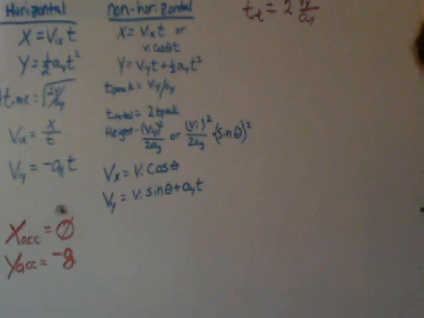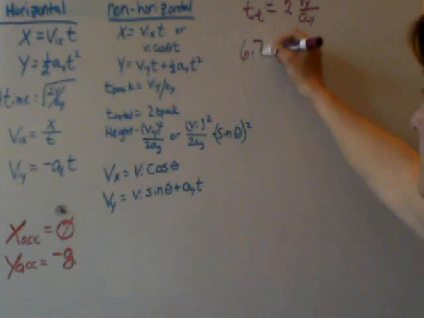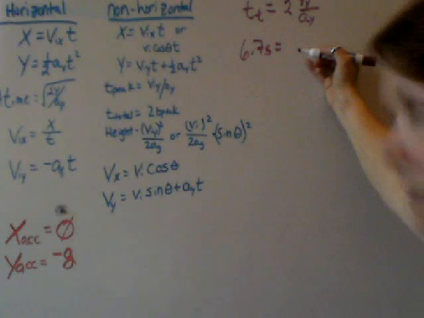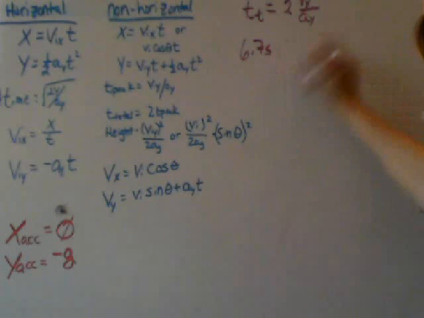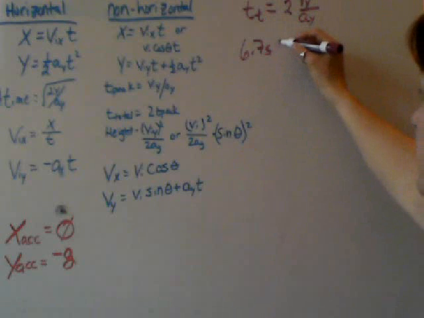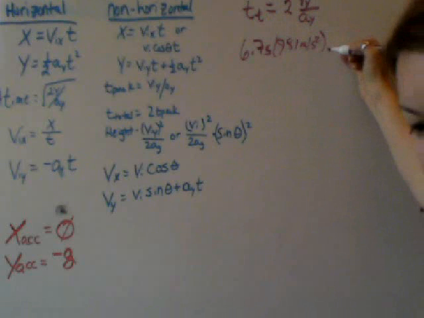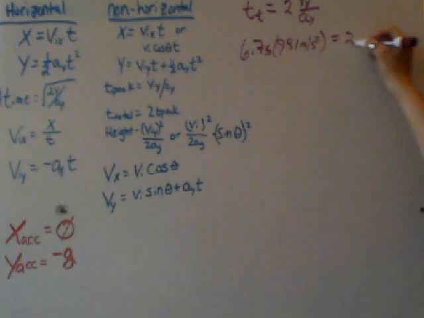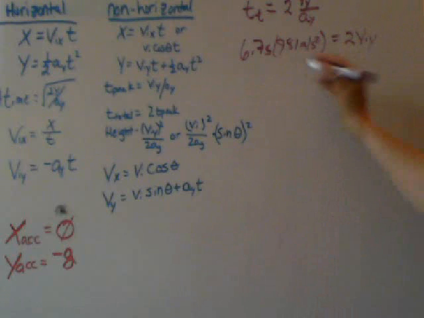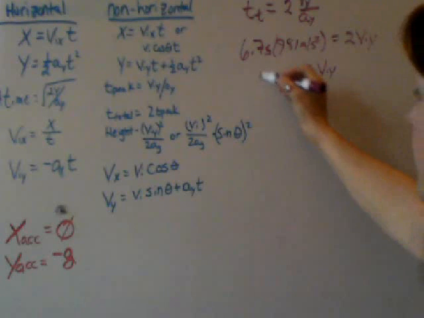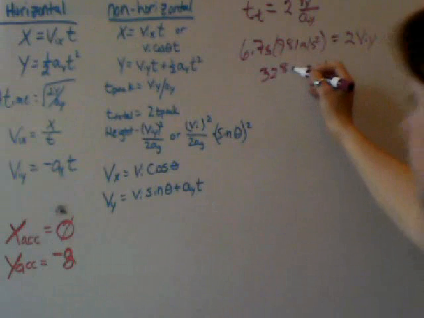And so we know that we had the total time given to us in the problem, 6.7 seconds. And we know the acceleration of gravity, so we can move that over to this side of the equation, so times 9.8 meters per second squared. And that will equal 2 times the velocity in the y direction. So solving for velocity in the y direction, we find that it is 32.83 meters per second.